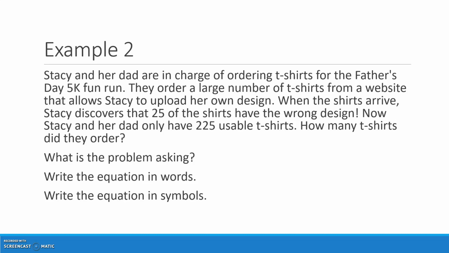So start by saying, what is the problem asking? The problem is asking, how many usable shirts did they have after the 25 with the wrong design? So write the equation in words.